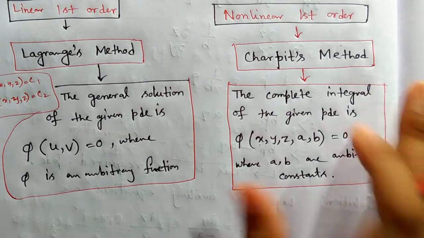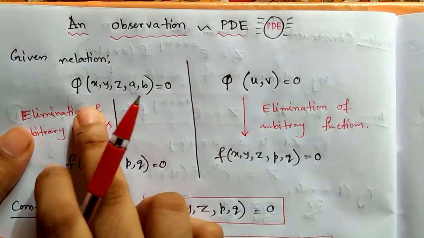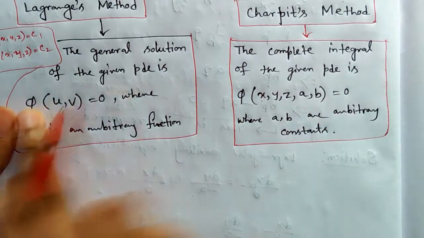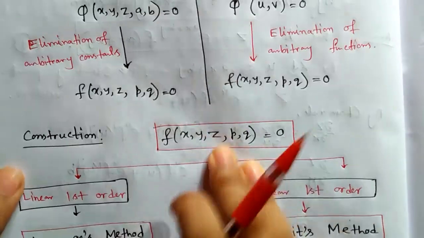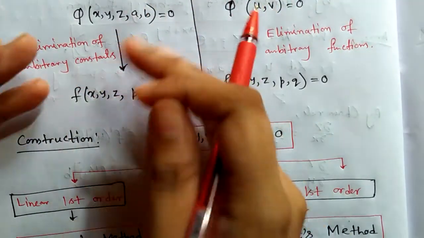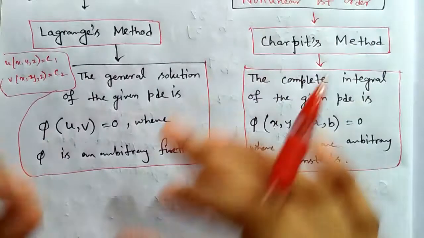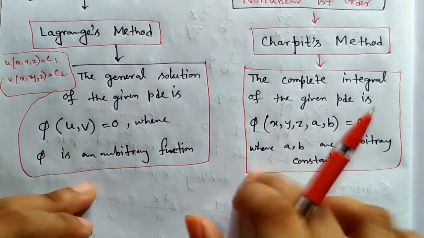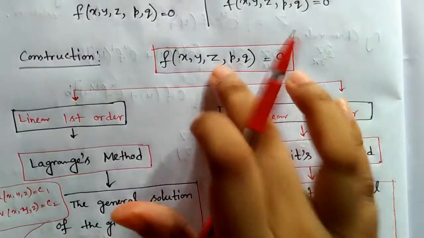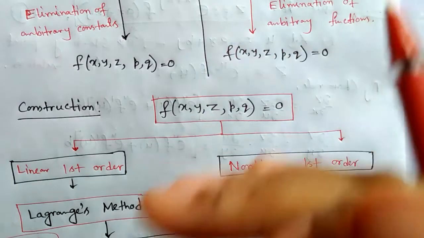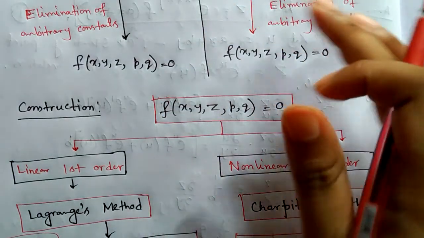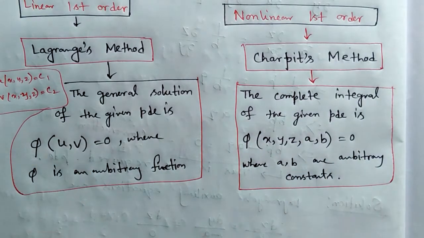So my question is, the first relation and the last relation, and the middle one is the construction of the PDE. At the first relation from which the PDE is constructed and at the last relation which is the actual solution of this PDE, are the first one and last one the same, or is there any relation between the first relation and the last relation?